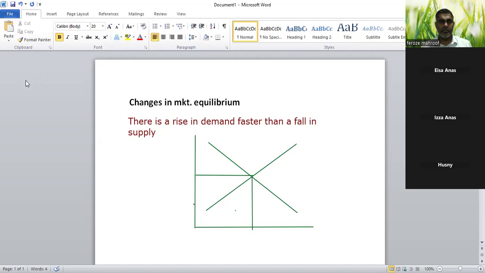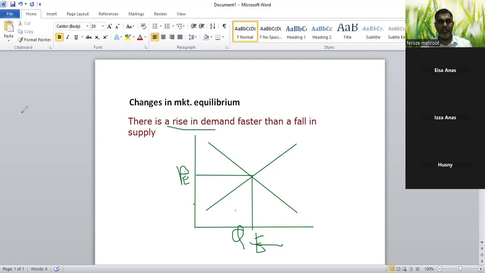See this? This is the equilibrium price. And this is the equilibrium quantity. Rise in demand faster than fall in supply.